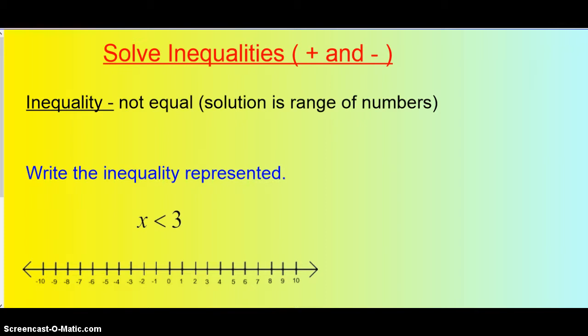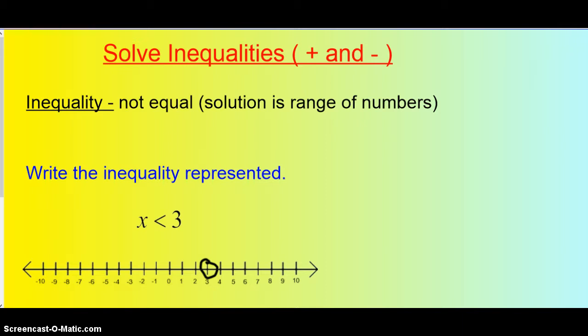In this case, we've got writing the inequality represented by x is less than 3. So we're going to do that graphing it on a number line. As we're looking at this number line, notice this is positive 3. And I would draw an open circle around the 3 on the number line. And it says x is less than 3.